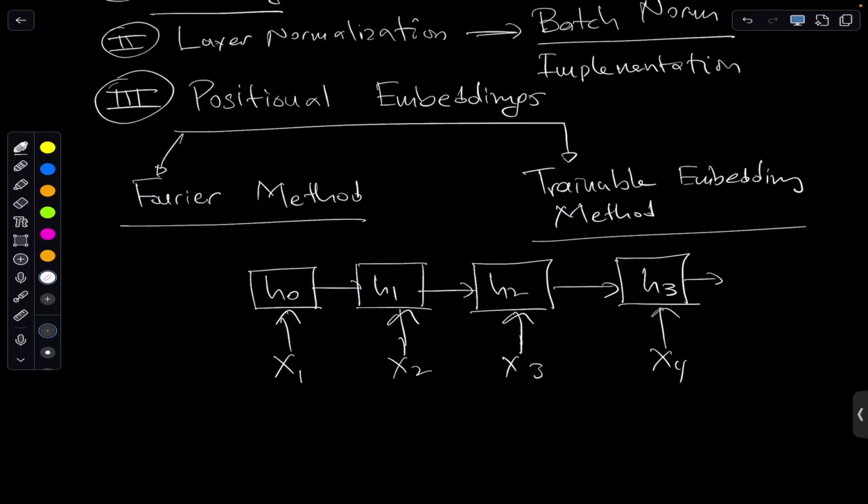Over here, because we are feeding this whole X tensor at the input, there isn't anything in the architecture that preserves that order, and therefore we call this type of transformer architecture permutation invariant.